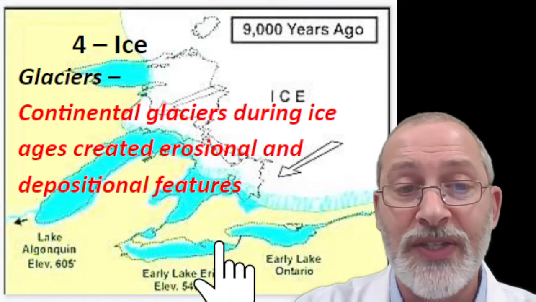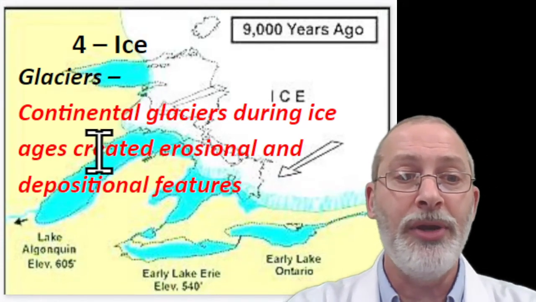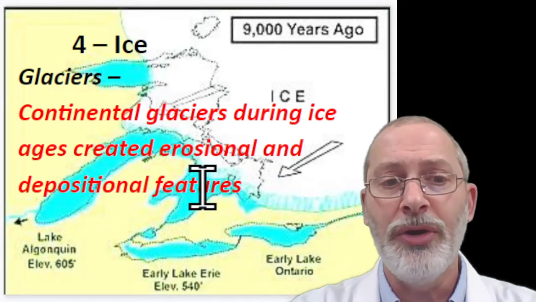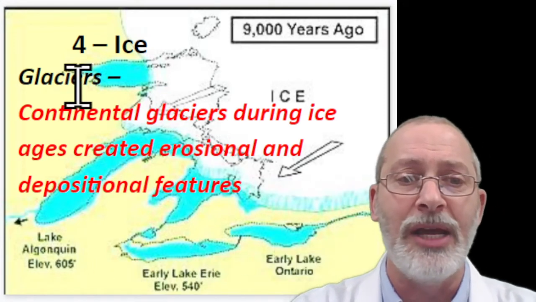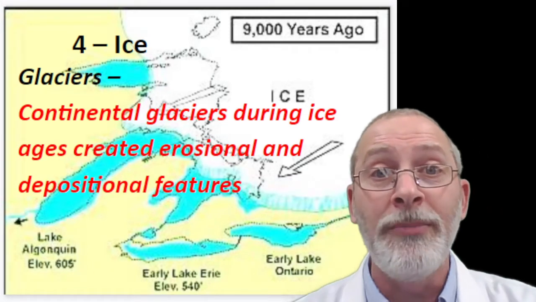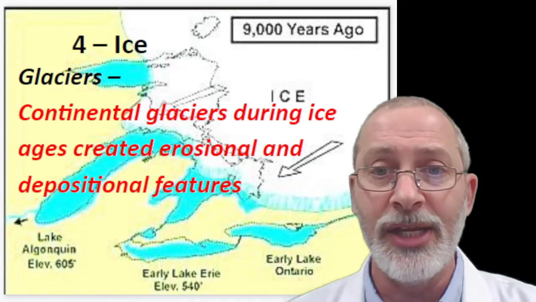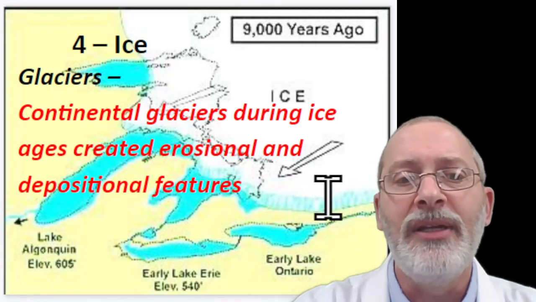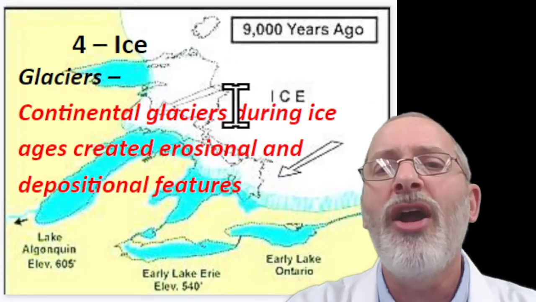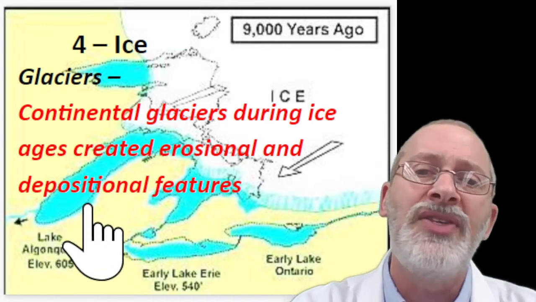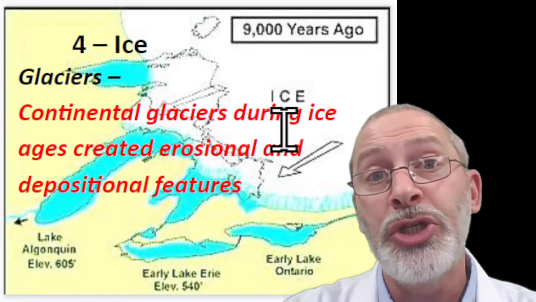But the Great Lakes, Lake Superior, Lake Michigan, Lake Huron, Lake Erie, Lake Ontario. These lakes were actually formed during the last ice age when the continental glaciers were carving their way through the landscape and then eventually melted.